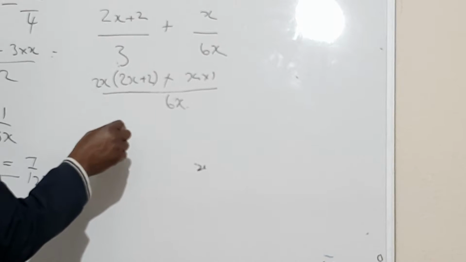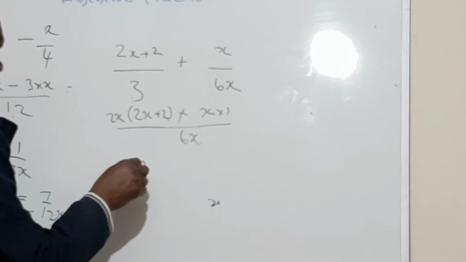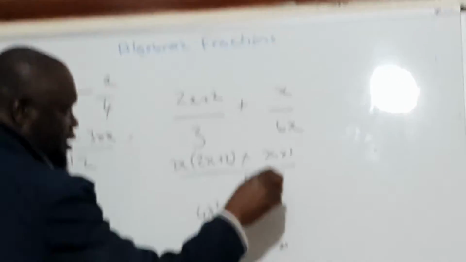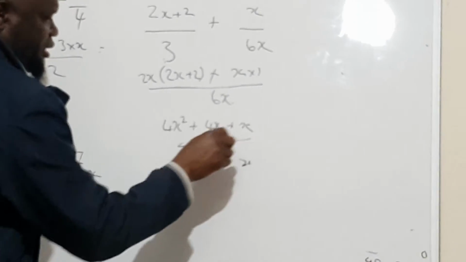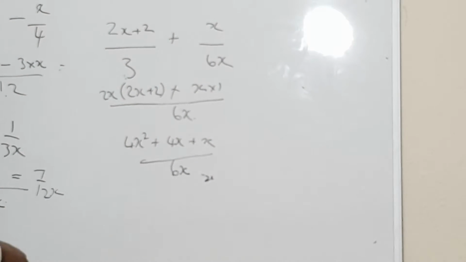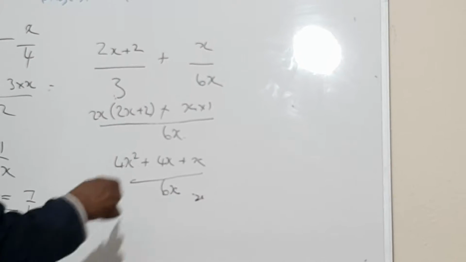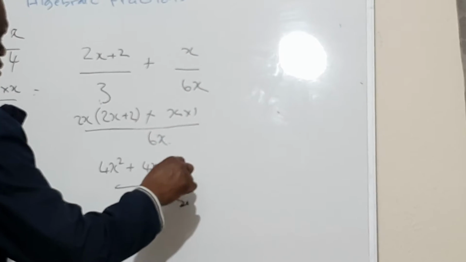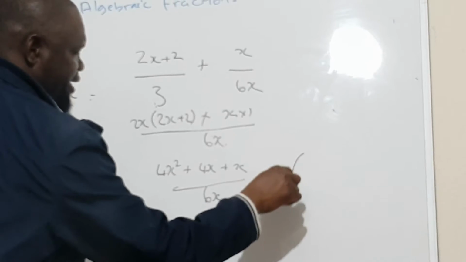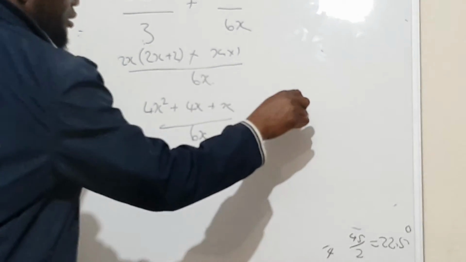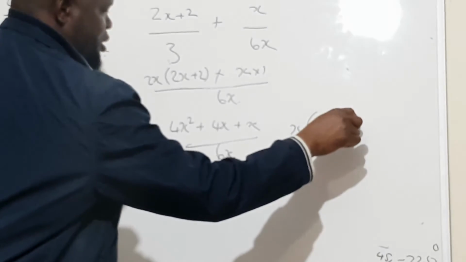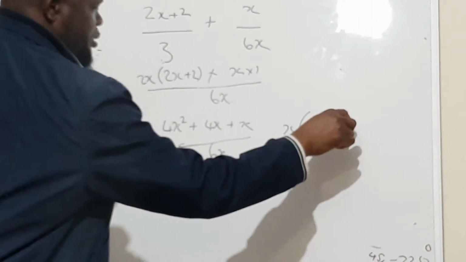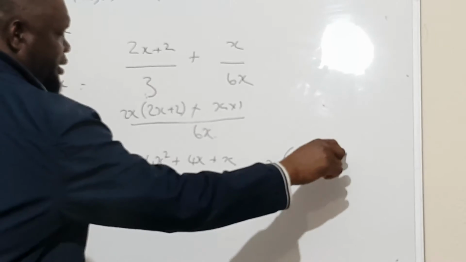So multiply it out. This will be 4x squared plus 4x plus x, all over 6x. What can go into it? 2 can go into that, or you put an x outside. 4x plus 4 plus 1.